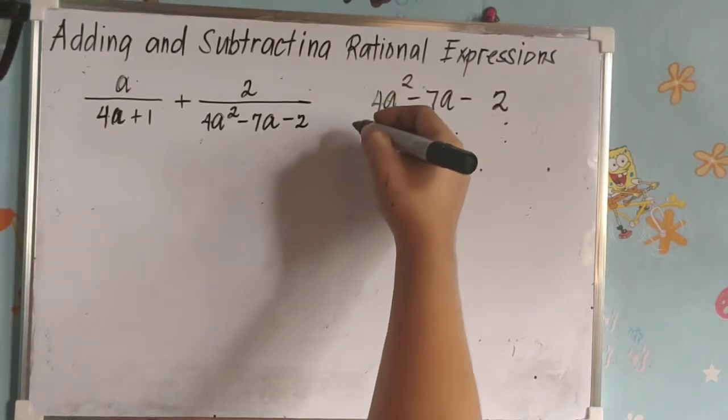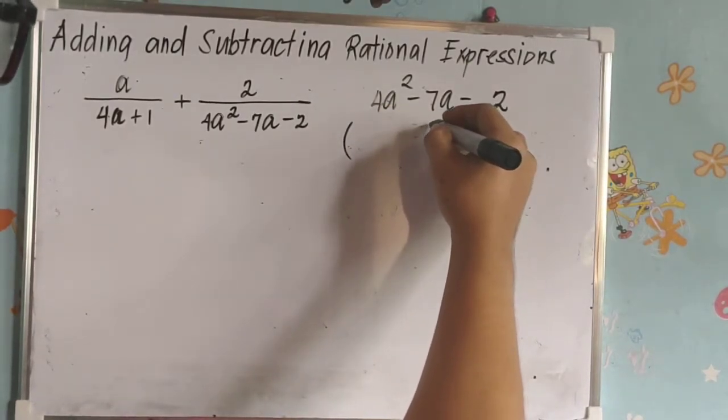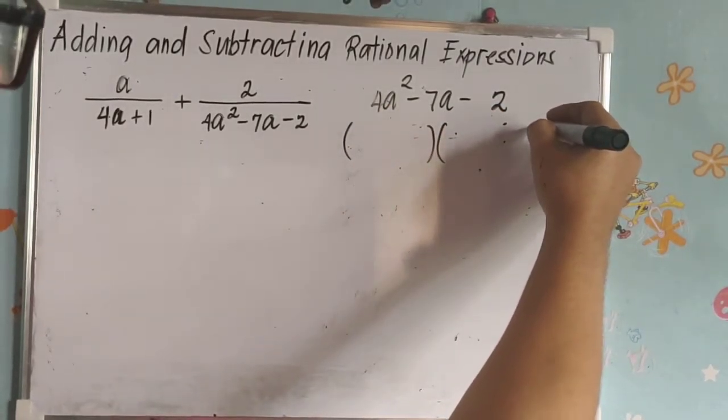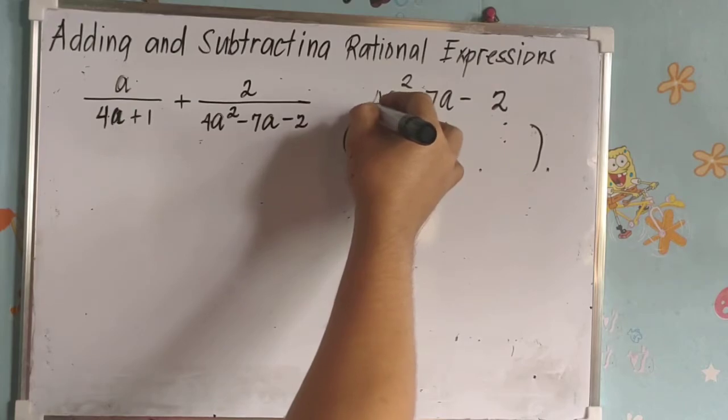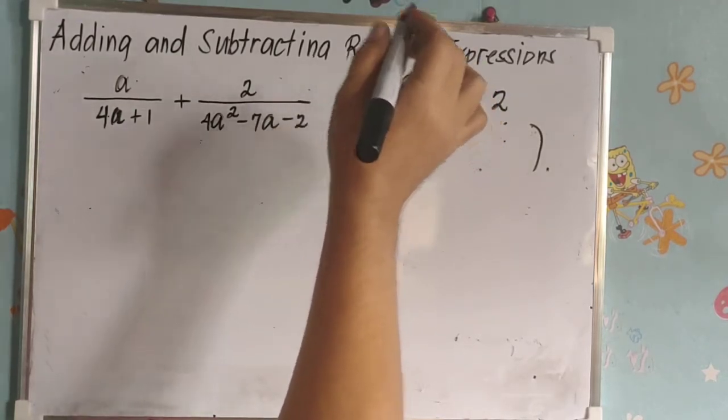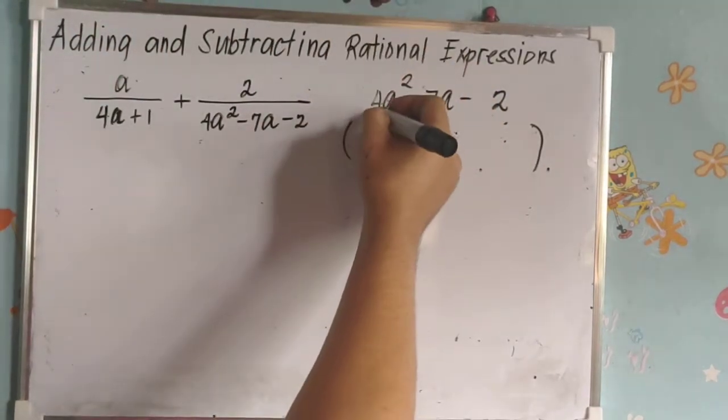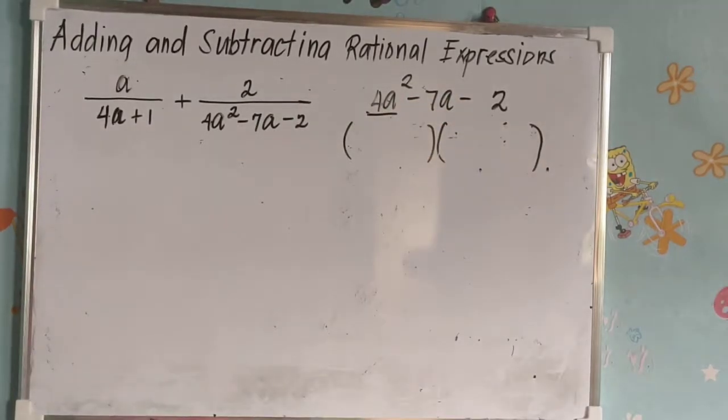So obviously, let's make two empty quantities here for the binomial factors. The first term is 4a squared. So this is a perfect square term, or perfect square.